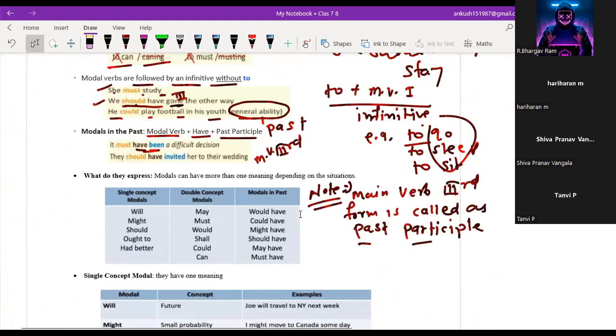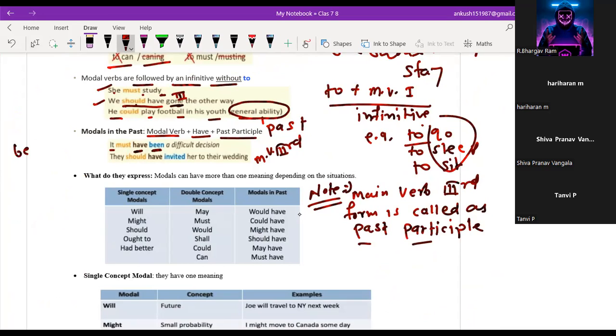Okay. So these modal verbs, whenever they are there with have or have been, that time they use the third form of the main verb. Like, it must have been a difficult decision. Whenever there is have, third form. What is the first form of be?